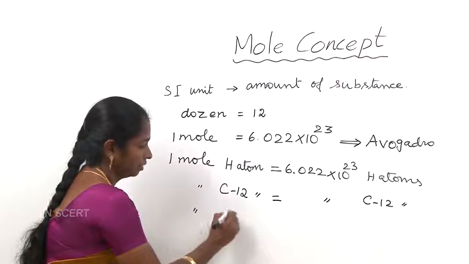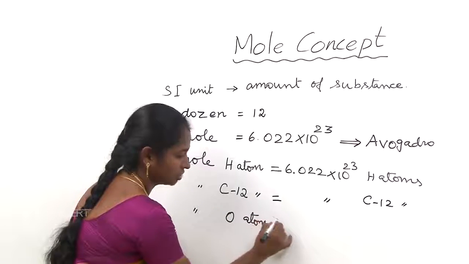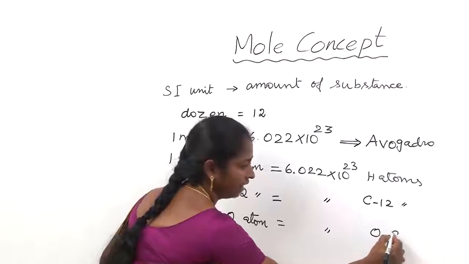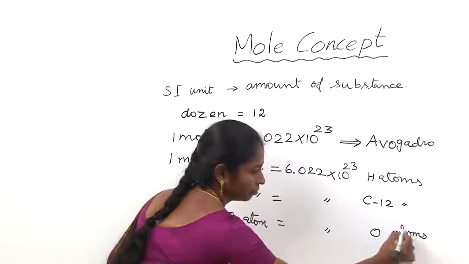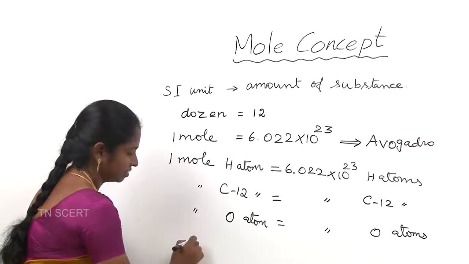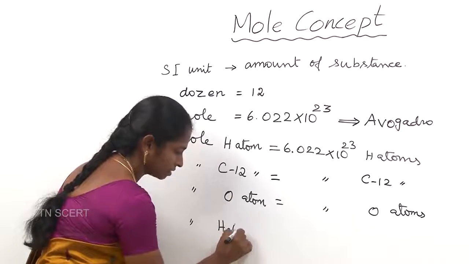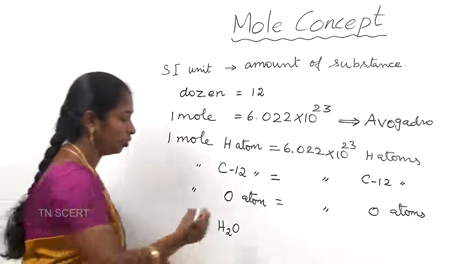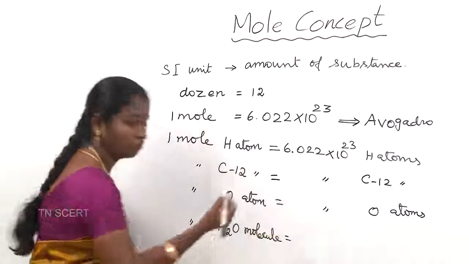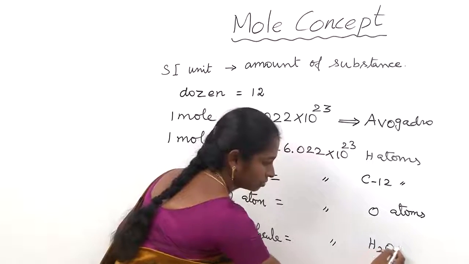1 mole of oxygen atoms contains again the same number of oxygen atoms. 1 mole of water molecules contains the same number. What is the formula for water? Yes, H2O. It is a molecule, is it not? So 1 mole of water molecules contains the same number of water molecules.